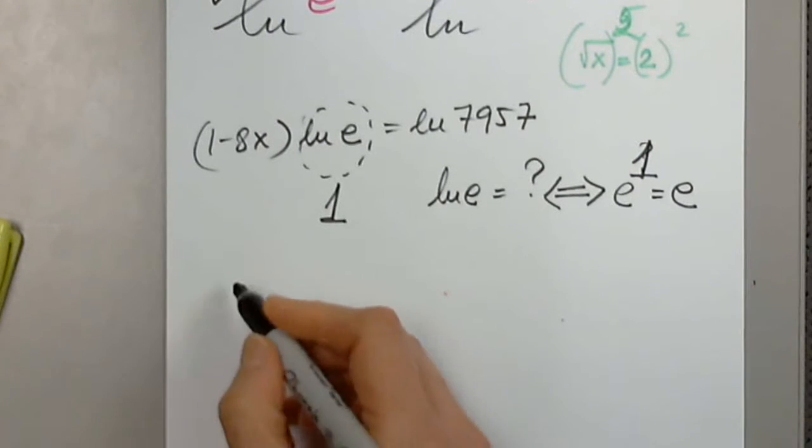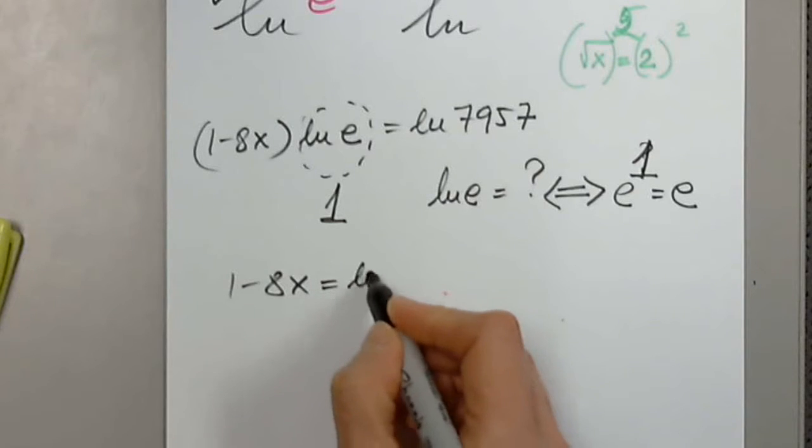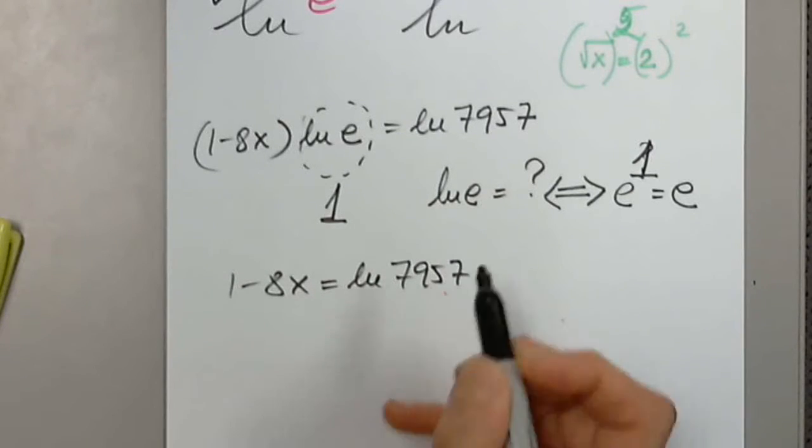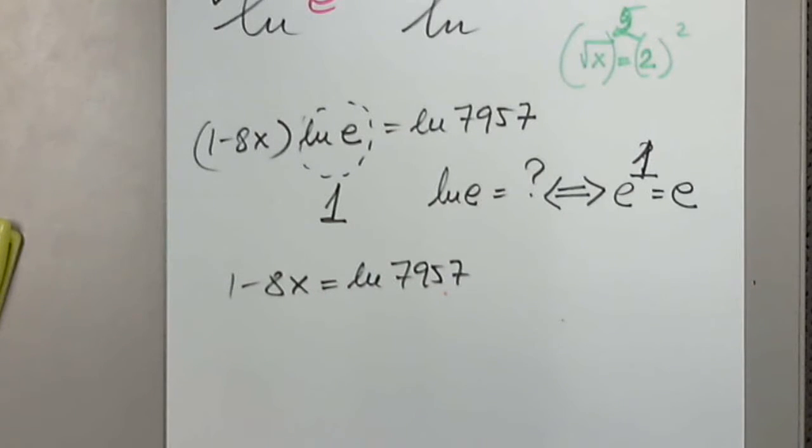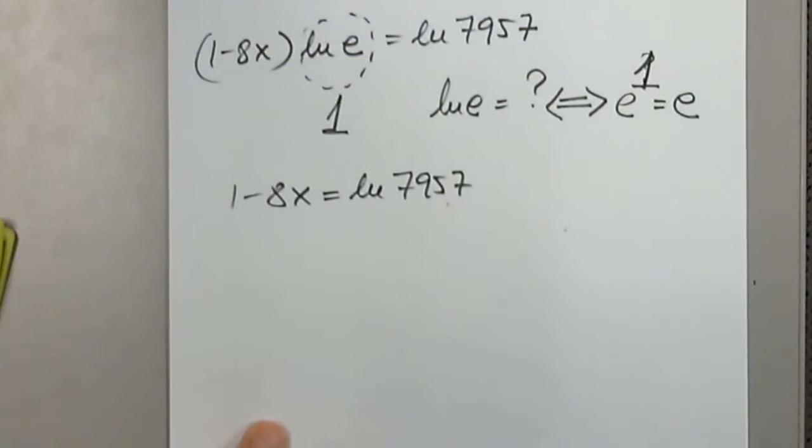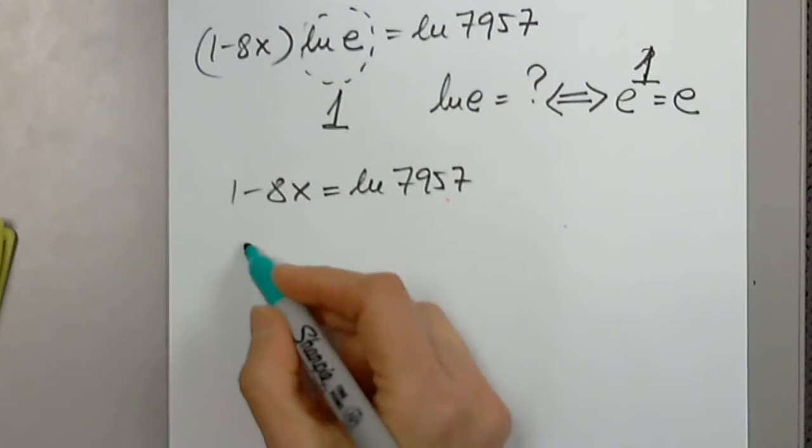So then 1 minus 8x equals natural log 7957. Do not be bothered by this. It's just a simple number. I'm solving for x. What will be the next step? I have to subtract 1. Awesome.